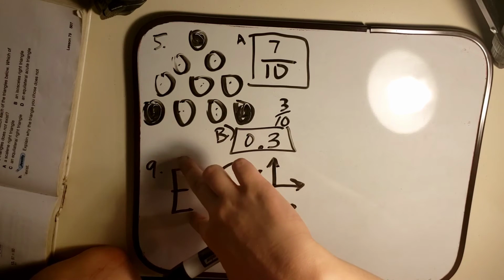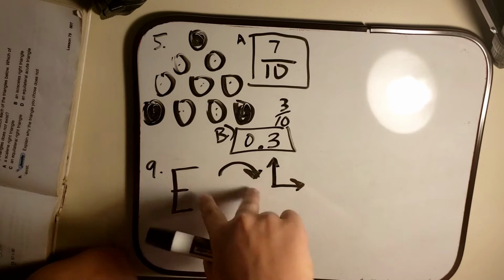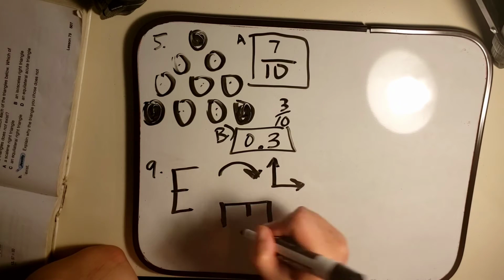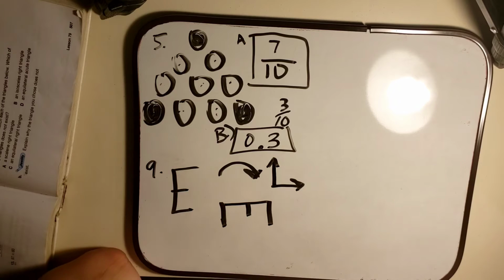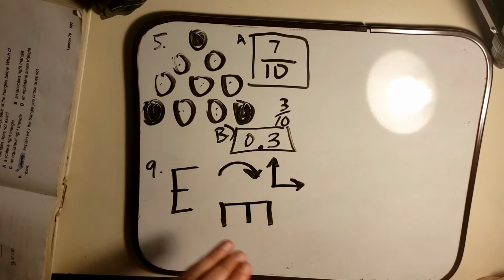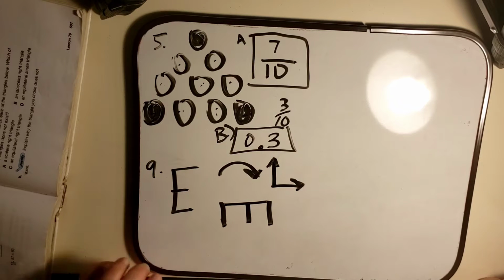So if we're going to just turn this E this way, whoop, it becomes that. So you guys need to be doing this on your paper. There's no number 9 on your assignment. I just want you to make sure that you know clockwise and 90 degrees. So I want you guys to practice this yourself.